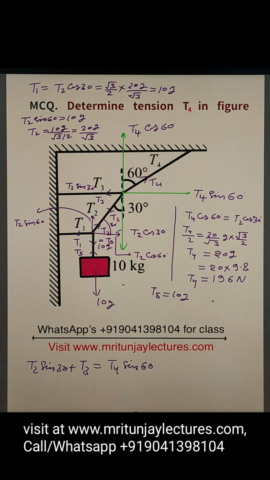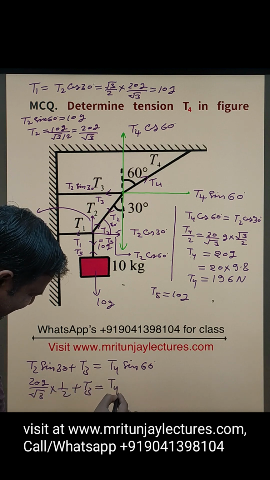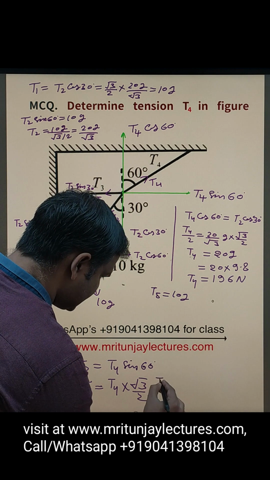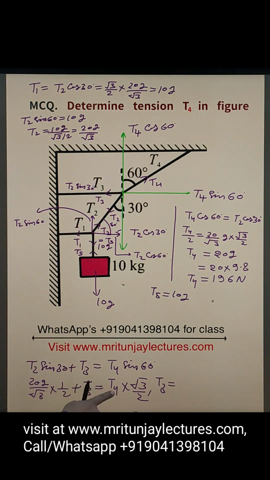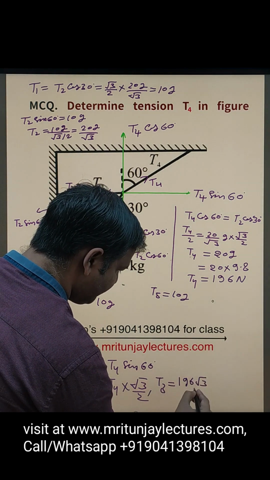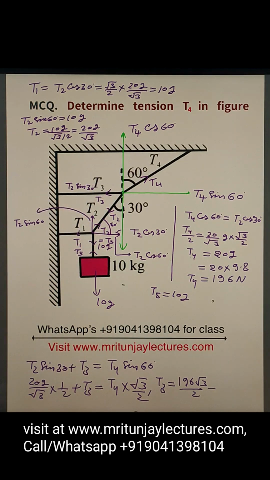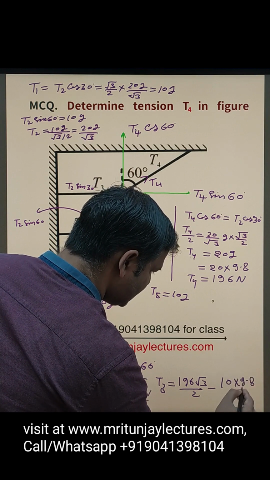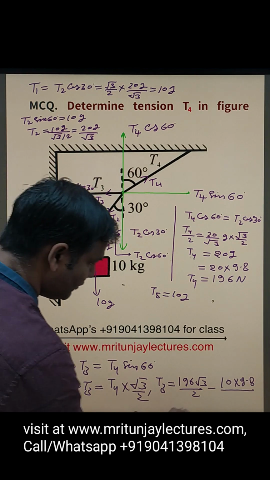T2 is how much? 20g by root 3 times 1 by 2 plus T3 root 3 by 2. Then what about T3? T3 is written as T4 is already given 196 root 3 divided by 2 minus, that is 10 into 9.8 divided by root 3.